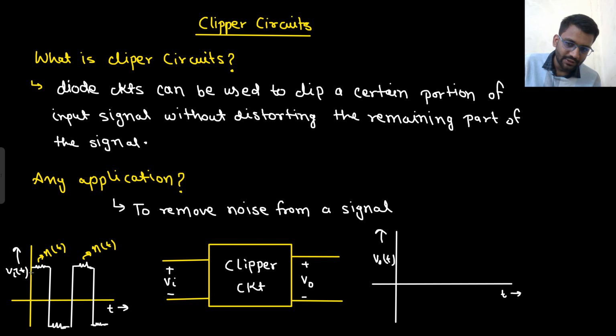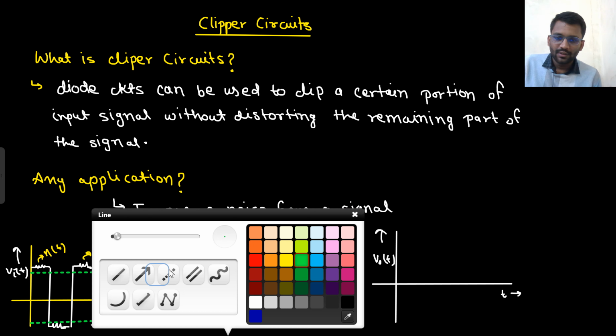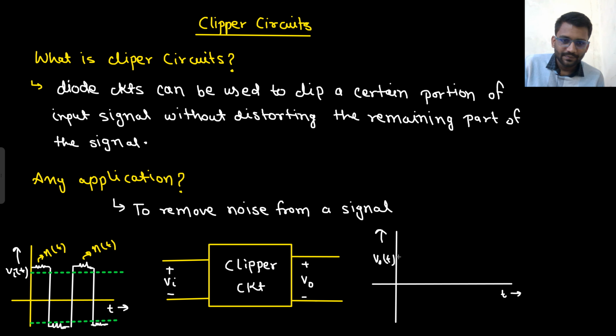It will just clip off this part of the signal, this much part, and from here as well it will clip off this much part of the signal. Okay, it will not do anything with this part. So this much part will be clipped off. So how will your final output look? Your final output will look something like this.